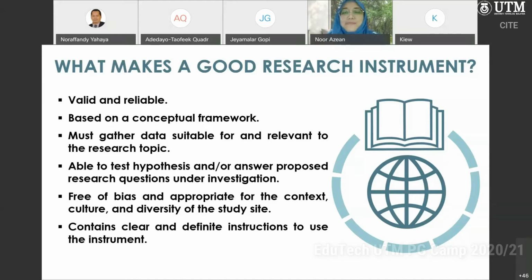Most of the time, students from the dean, and project students, also come to me, or my friends. I have to check one by one whether the instrument answers the research question.